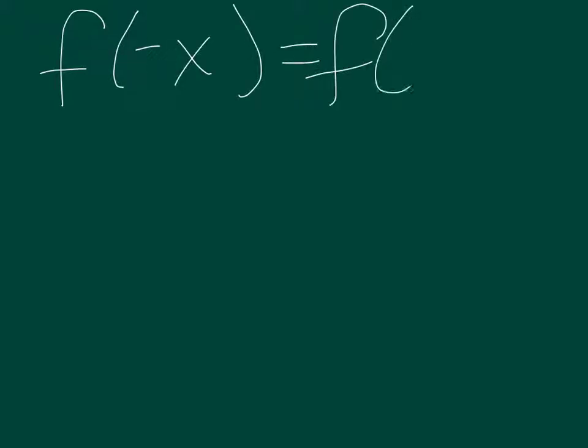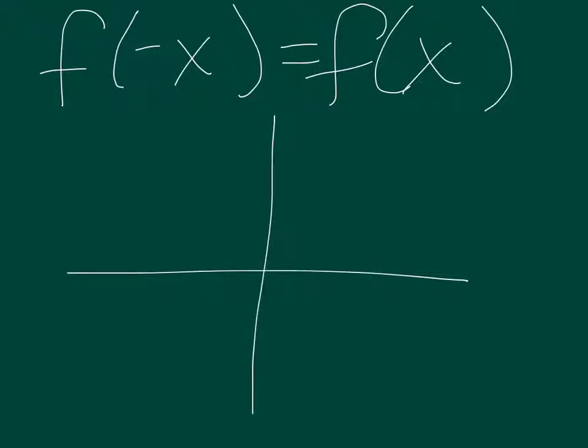So there are such things as even and odd functions. A function is even if f of negative x equals f of x. In other words, say you had something like this, and you had a point here at 1, 1.